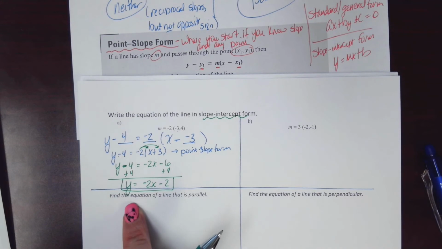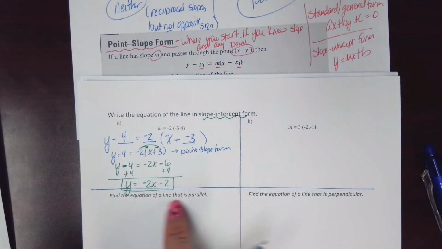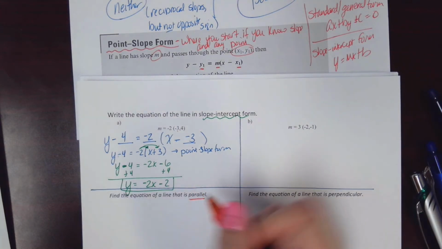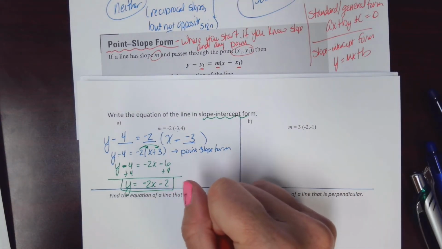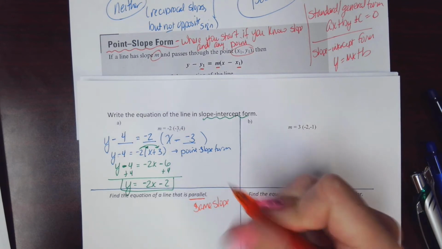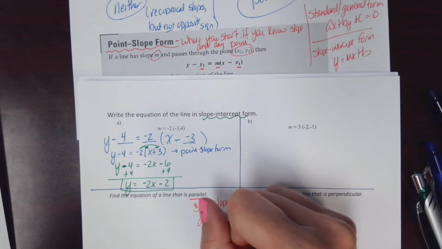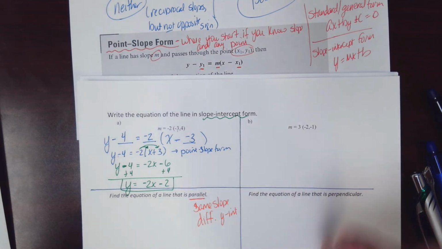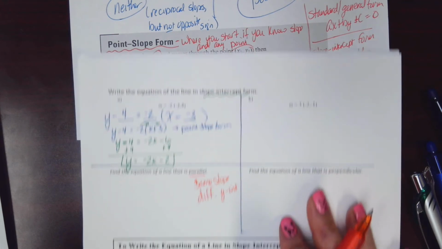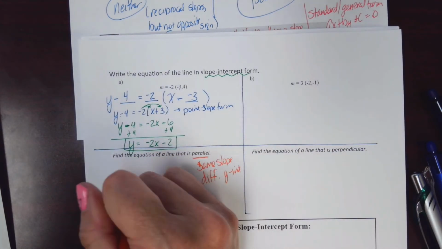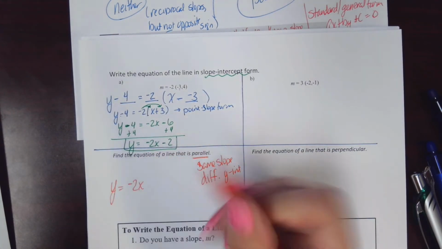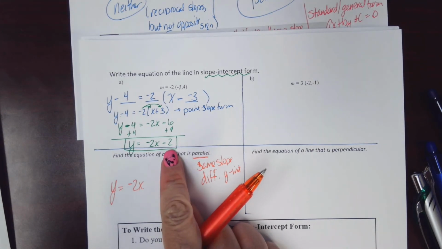Then this one is a follow-up. Find the equation of a line that is parallel to that line. Well, a parallel line has the same slope, different y-intercepts. Same slope, different y-intercepts. So y equals -2x, and then I just have to use a value that is not -2.